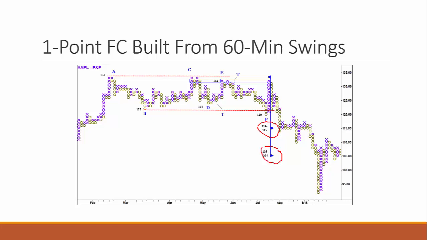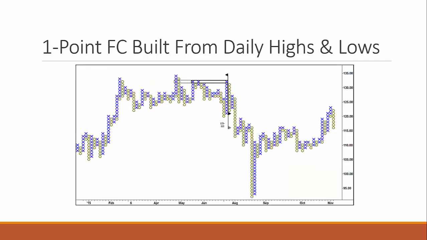All right. Let's see now what these look like on a 1-point figure chart that uses daily data. So this is the same 1-point figure chart of Apple Corp, but instead of using 60-minute data, we are building the chart from the daily data, the daily highs and lows.